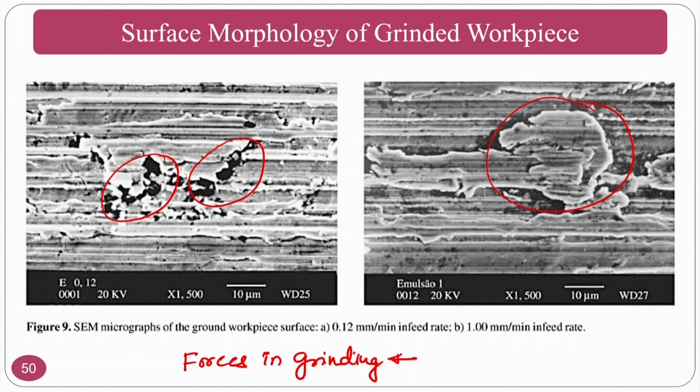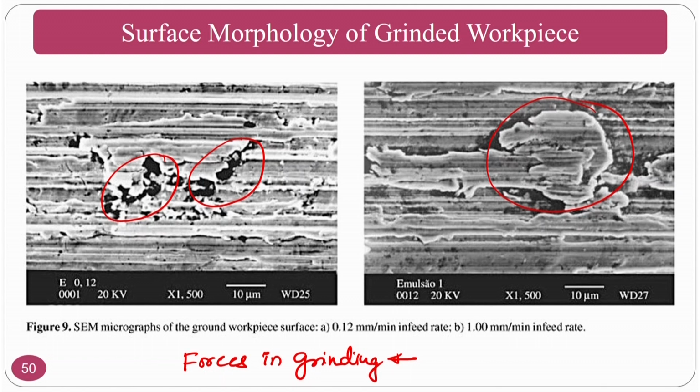If there is abrasion or shearing, there won't be much problem. If there is ploughing, normally the material that is removed from one place will just smear into the other place. Okay, that is called ploughing. And rubbing: if you give insufficient depth of cut, the grinding will rub against the surface and it will burn.